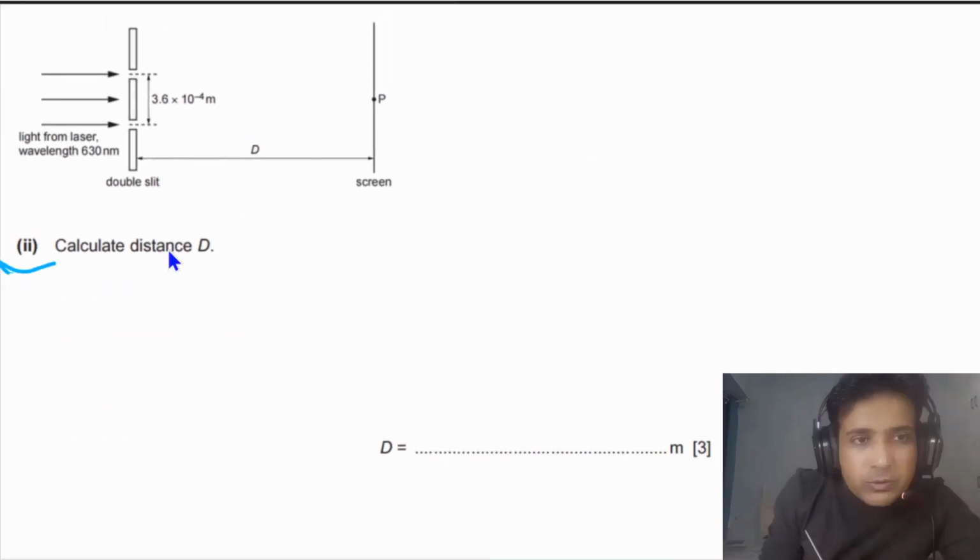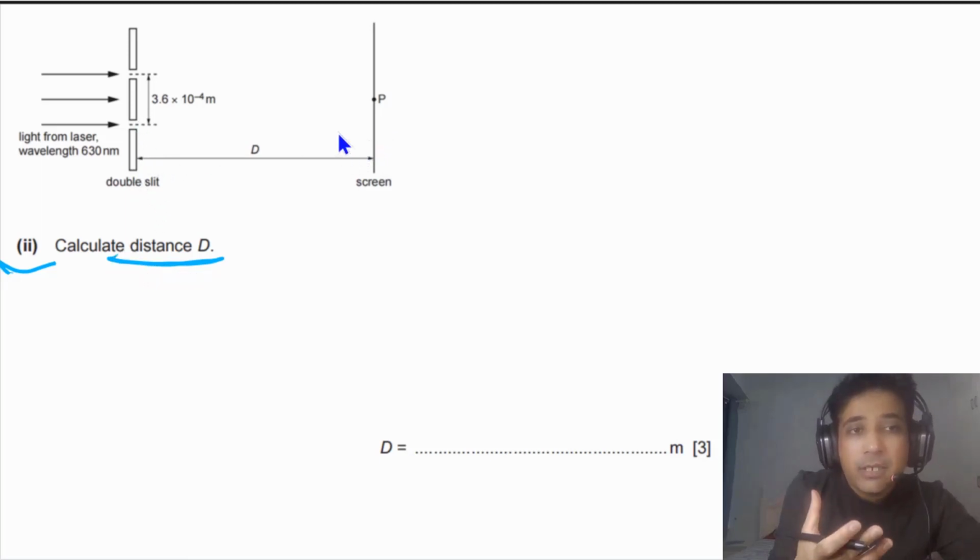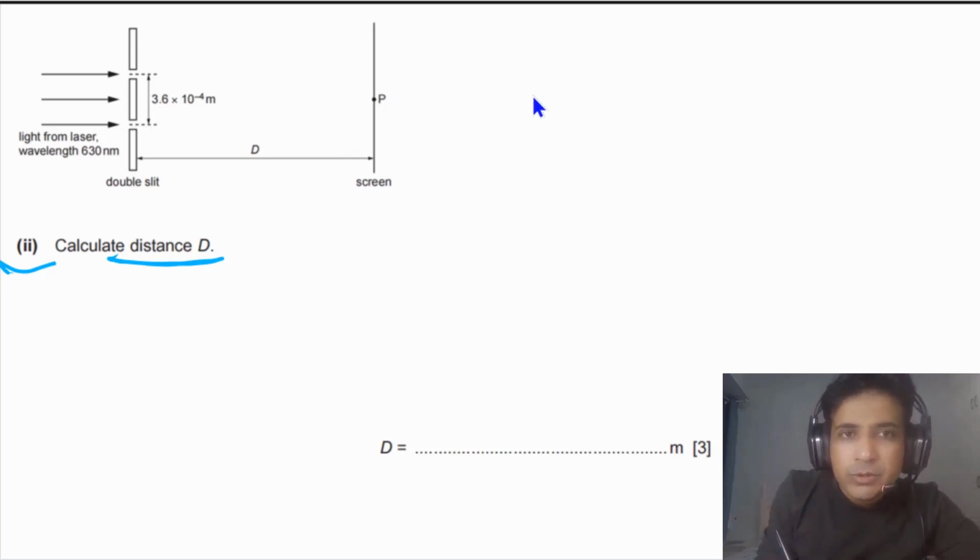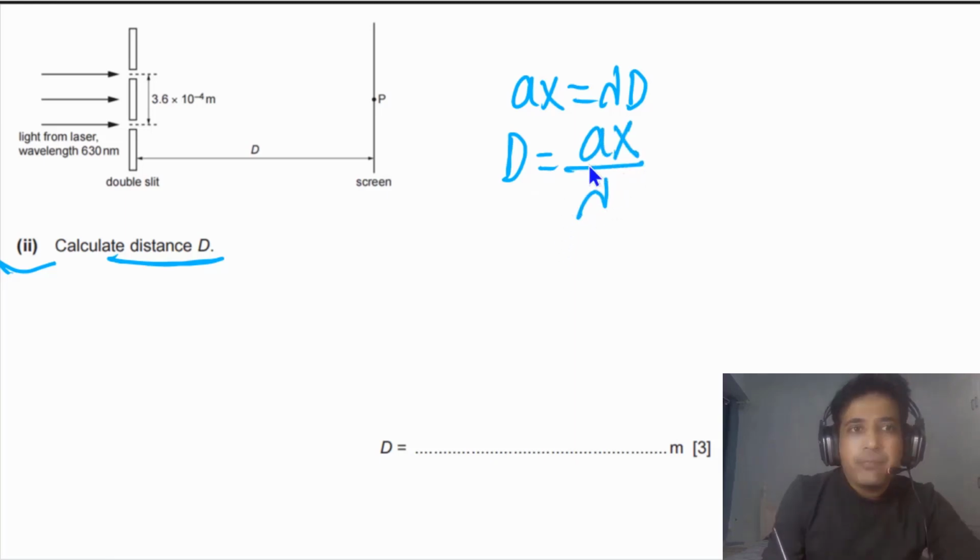For the second part, we need to calculate the distance capital D, meaning the distance between the slits and the screen. This is about Young's double slit. For Young's double slit, you need to understand that ax is equal to lambda times D, and we need to find D in this case. So D will be equal to ax divided by lambda. The value of a is given to us.